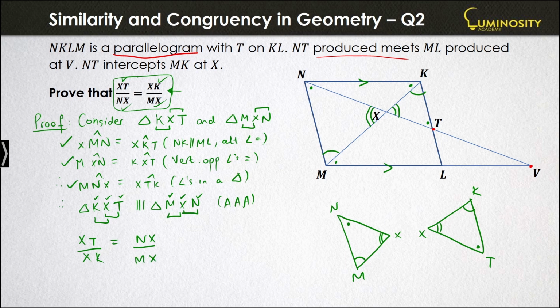Okay, and that almost looks like the one we want. So what I'm going to do is I'm going to multiply this side by XK, right? And then I'm going to divide this side by NX. So it's going to be XT over NX equals XK over MX. And that's exactly the thing we wanted to prove. All right. So that was using the properties of a parallelogram and also the similarity of those two triangles.